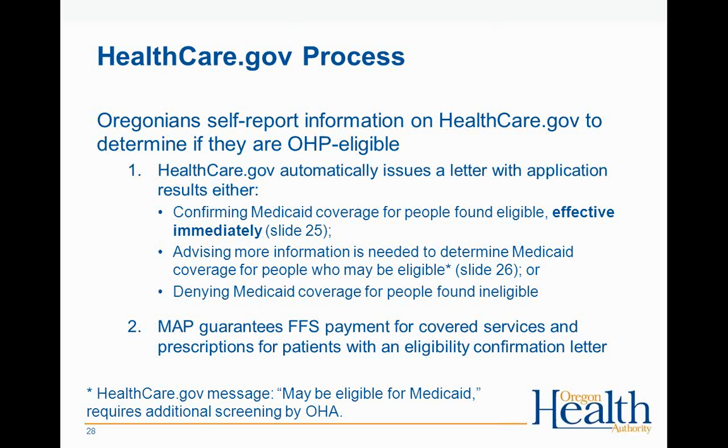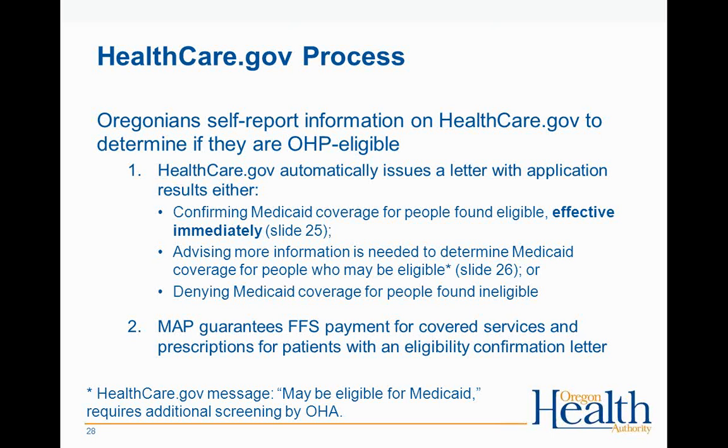Another letter that might be issued by healthcare.gov, so do make sure that you look at the results on these letters. Another one might say that more information is needed, and then a third one might say that they're not eligible for OHP. Some of those ones will also tell them that they may be eligible for a cost-sharing plan through another vendor, things like that.